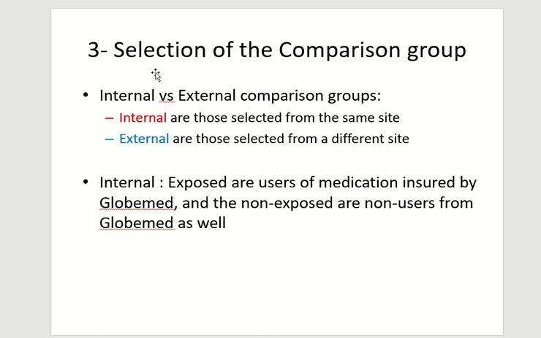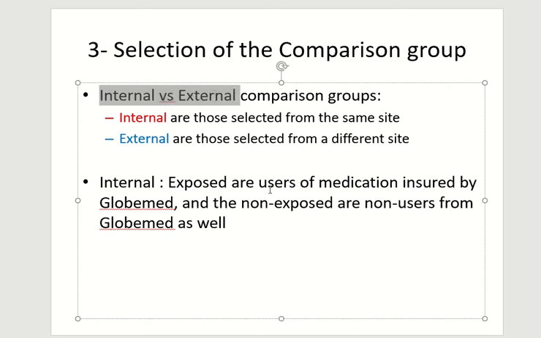Another thing that you have to think about when you're picking your comparison group, meaning the non-exposed group, is whether you go for internal or external comparison. What I mean by that, internal versus external, is specifically when you are going through a specific group to get your exposure. Okay? So the internal are those selected from the same site. The external are those selected from a different site. And we'll give examples and see if it makes sense.